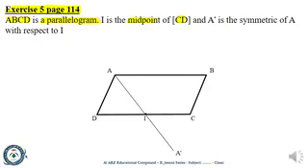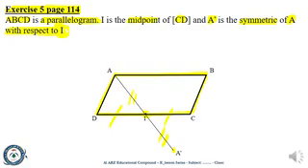I is the midpoint of CD, and A prime is the symmetric of A with respect to I. So again, ABCD, a parallelogram, I the midpoint of DC, and A prime is the symmetric of A with respect to I. And when I say with respect to I, then I know that I is the midpoint of this segment AA prime.